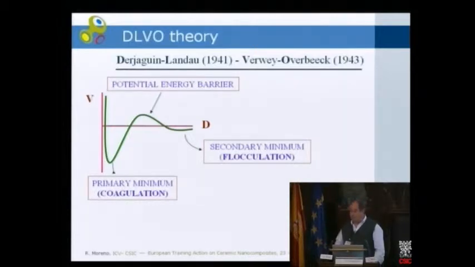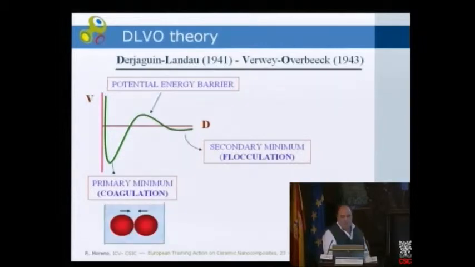To explain the stability of particles in a liquid medium, we have the DLVO theory, as I have shown before, in which we have this kind of plot for the potential against the distance of separation. We have three characteristics: the potential energy barrier, which means maximum stability of the suspension, the primary minimum, where particles coagulate, and the secondary minimum, where particles flocculate.